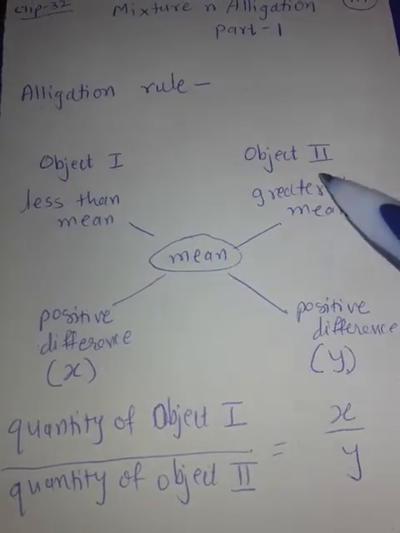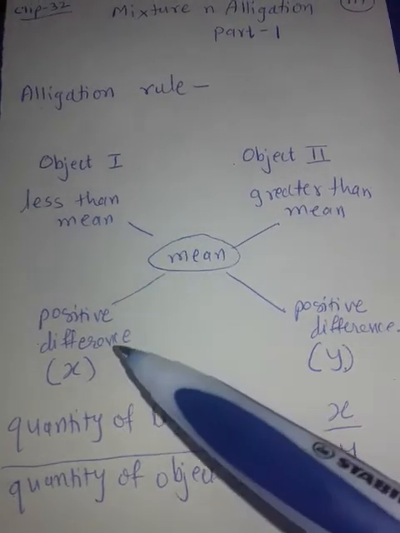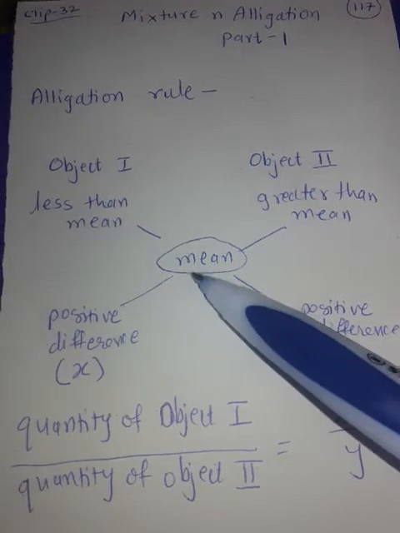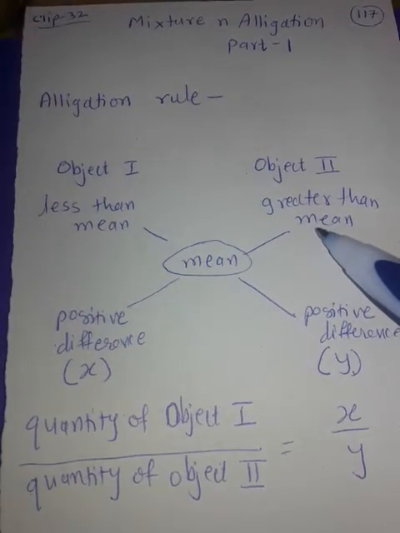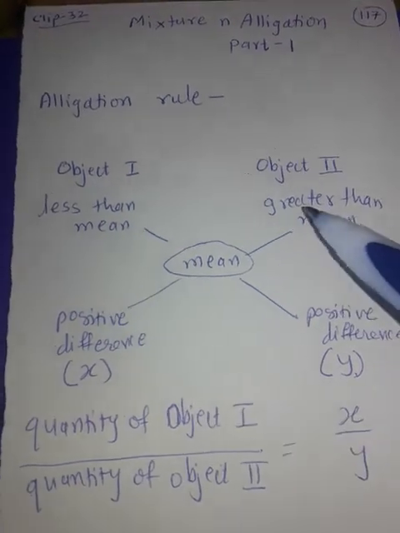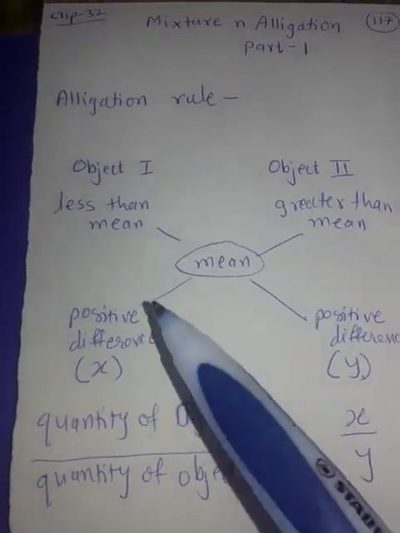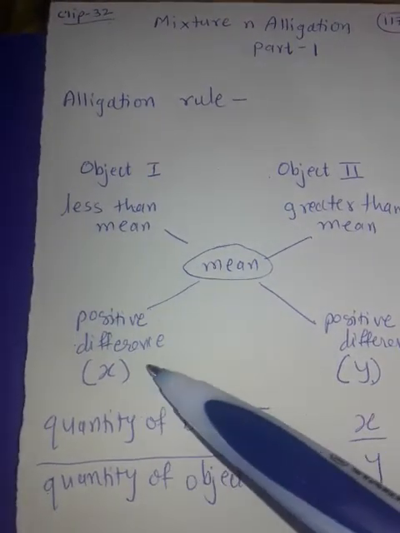In this case, this is greater than mean, so I'll subtract mean from this. I always want positive difference. So I won't subtract this value from this value, but I'll subtract mean from the greater value so that I can get a positive number. And then I arrive at this value. Correct? So below object 1, there is some value x.